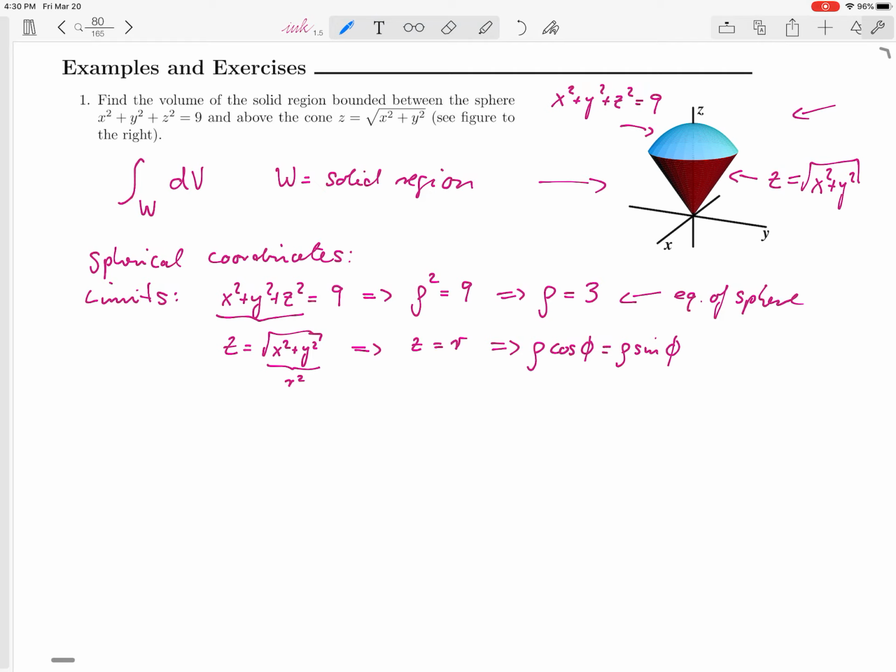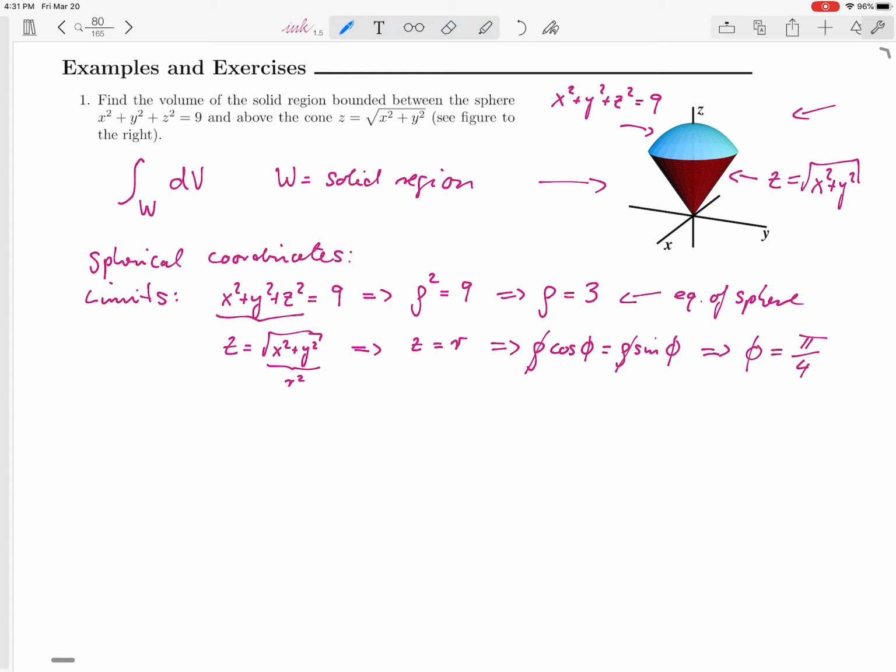So now the question is, when is rho cosine phi equal to rho sine phi? We can cancel the rho. So now the question is, when is cosine phi equal to sine phi? So when are cosine and sine equal? Well, that is when phi is equal to pi over 4.